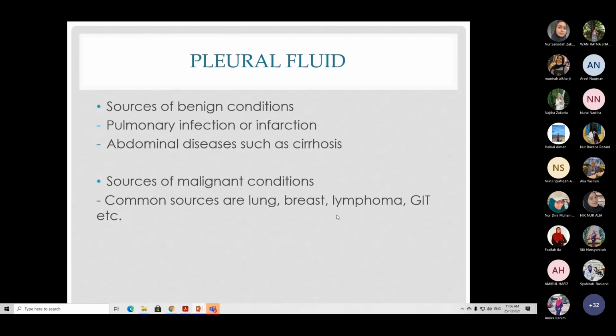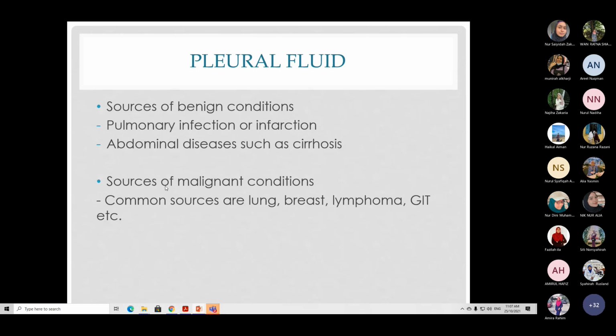Okay, so in this topic, we will learn on the three fluids from the pleural cavity, pericardial cavity, and peritoneal cavity. So the effusions from these three cavities can occur from several conditions. Okay, first for pleural fluid, the effusions in the pleural cavity can be caused by several sources of benign and malignant conditions. Okay, for benign, it can be due to pulmonary infection or infarction, or from abdominal diseases.